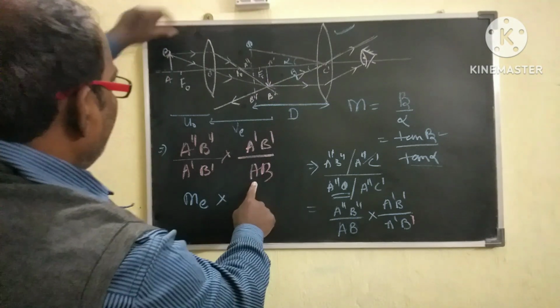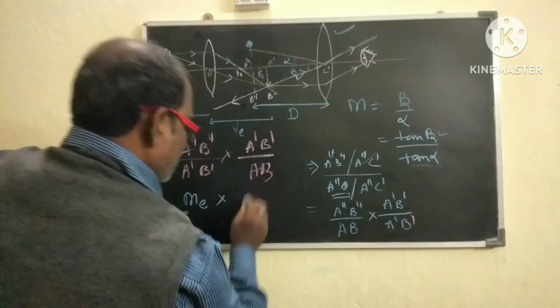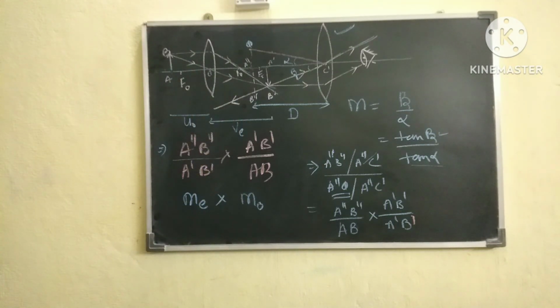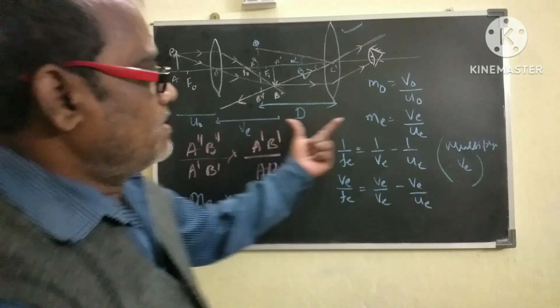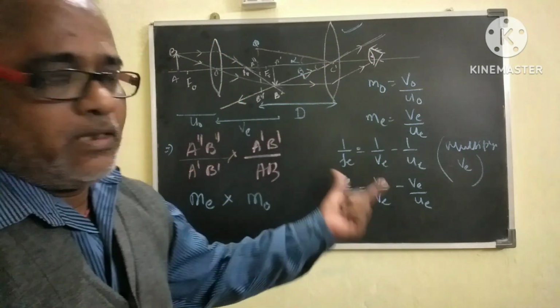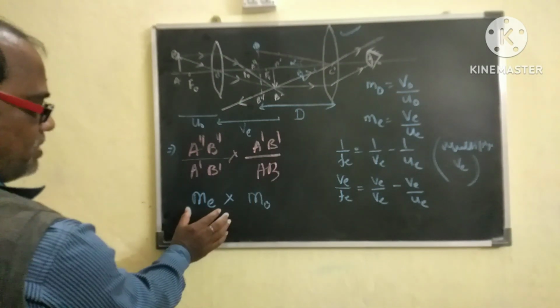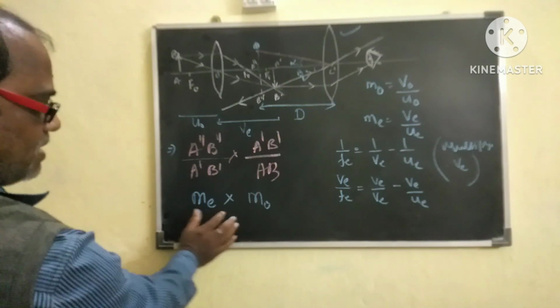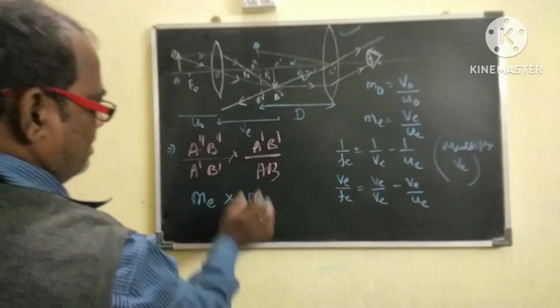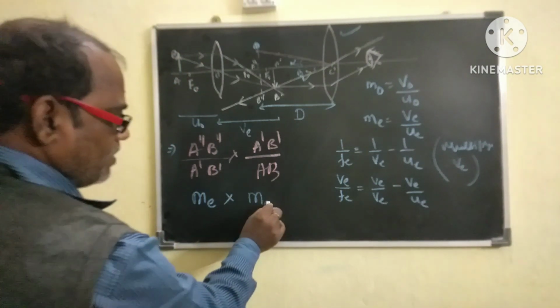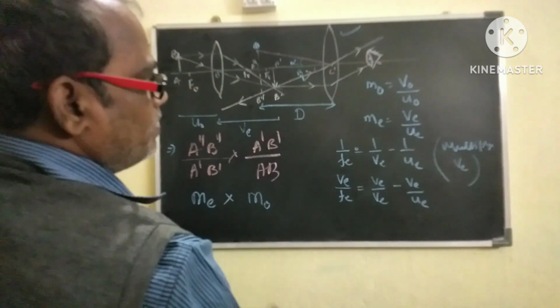That means we can write it as MO. So we got that this is the magnification due to the eye lens and this is the magnification due to the object lens.